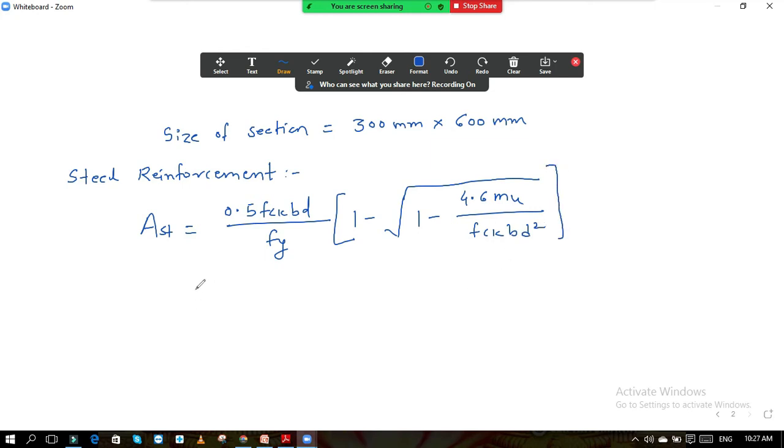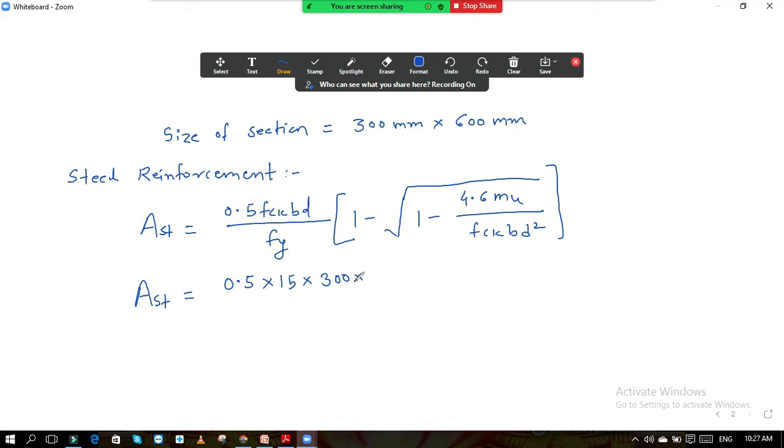So just put the values in the formula. It is 0.5 into, I think M15 is there. Please check the grade whether I have taken the correct value or not.